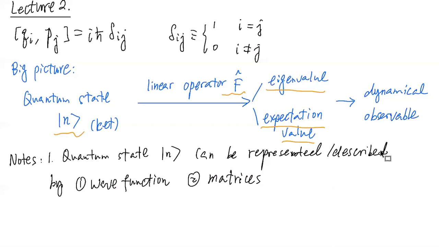A quantum state can be represented by a matrix, and the operator can also be written in a matrix form. This is also very popular in the actual calculations. Whenever you actually perform a molecular quantum mechanical calculation by using a program, the program is actually doing linear algebra.